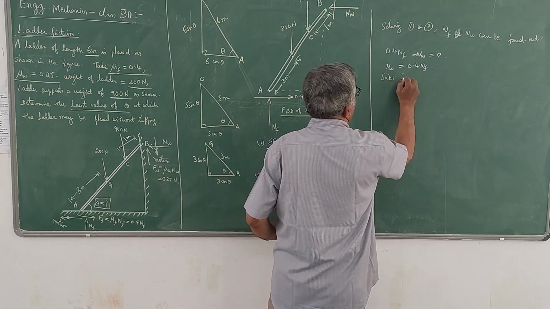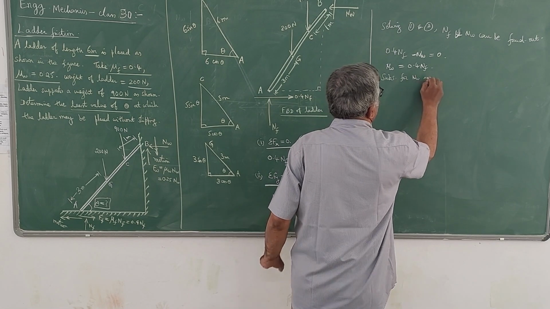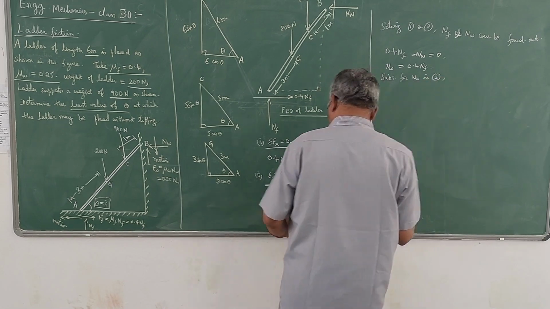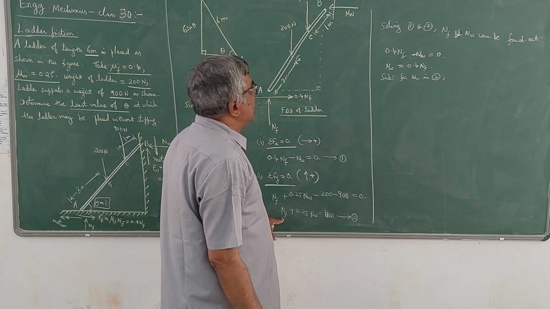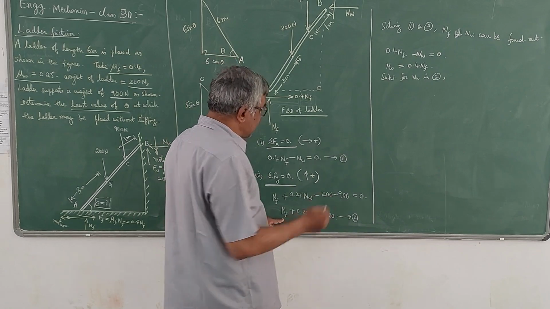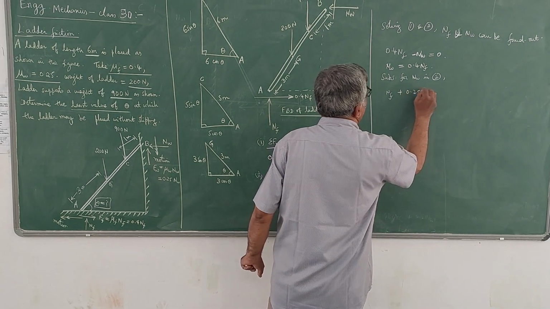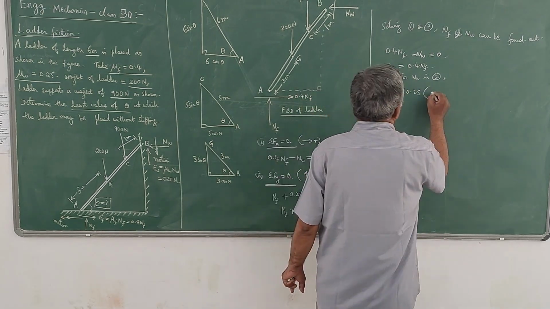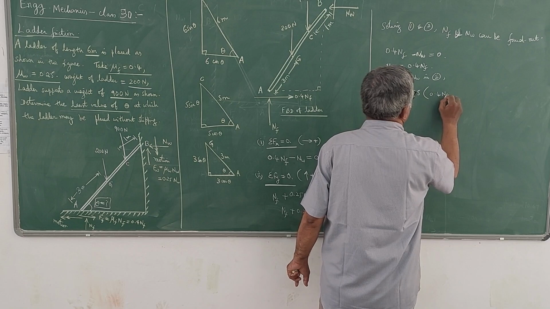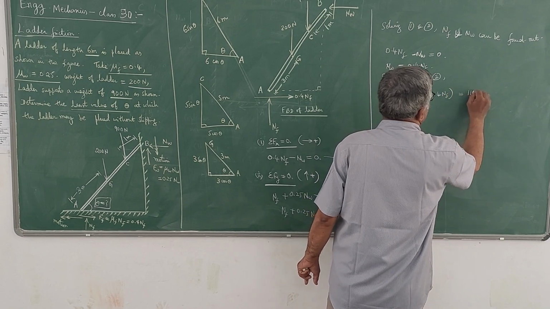Substituting for nw in equation 2, so you can eliminate that nw. So nf is as it is plus 0.25 into nw, which can be written as 0.4 times nf, that is equal to 1100.